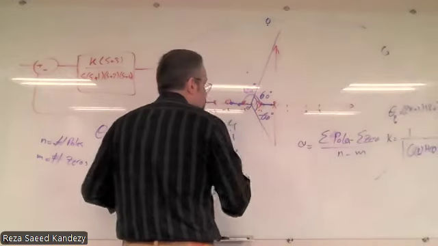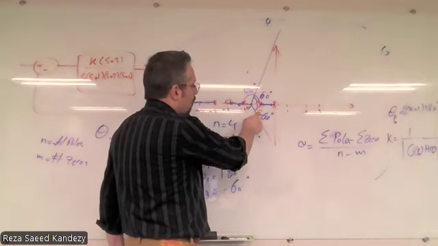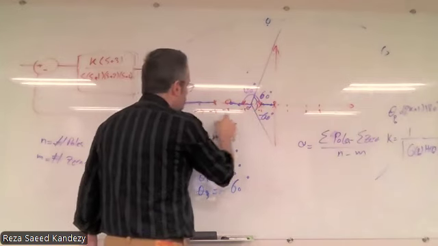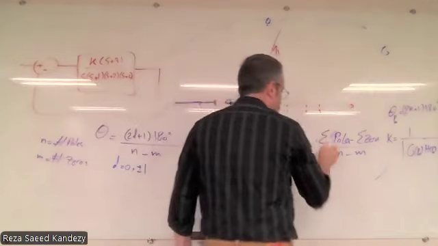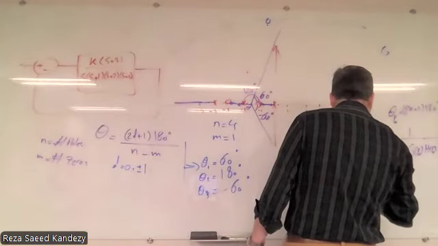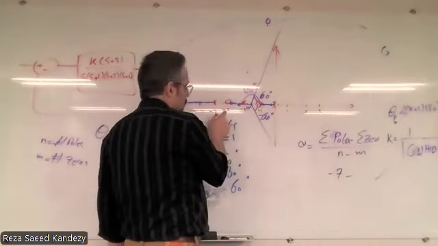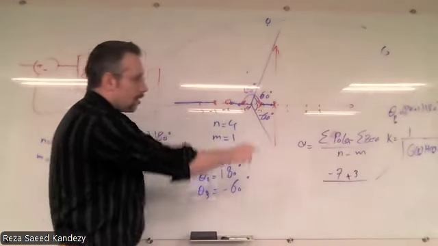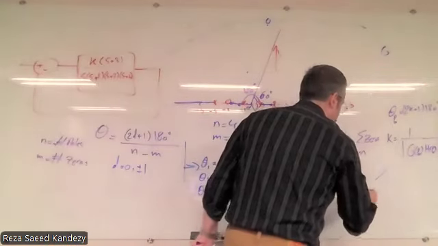We have 0, -1, -2, which is -3 when you add it. Then we have -4, which means -7. So here we have -7 minus our 0, which is the only 0. So it's -3, so it becomes +3, divided by n minus m, which is 3.